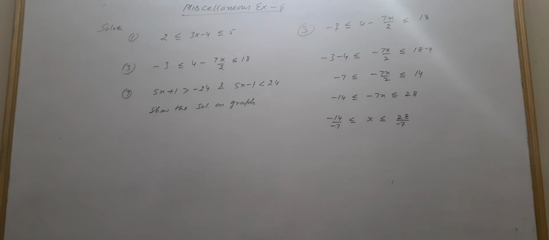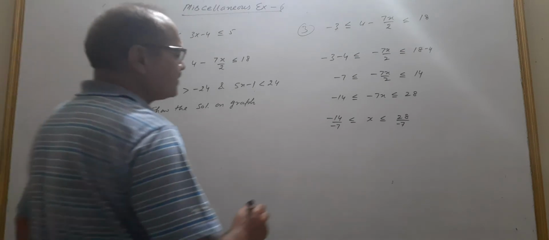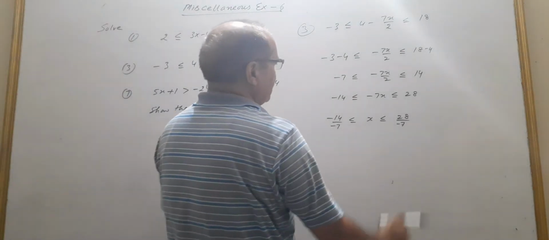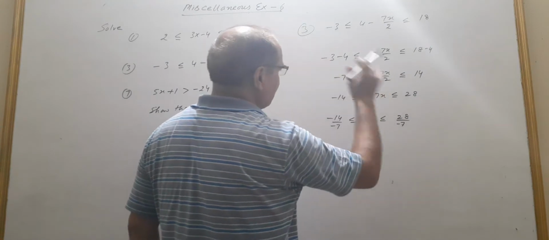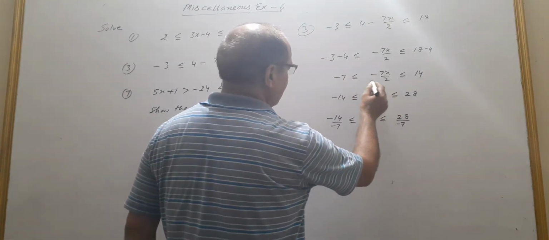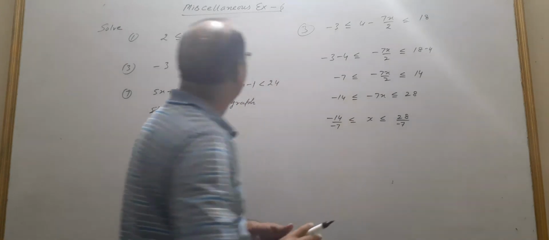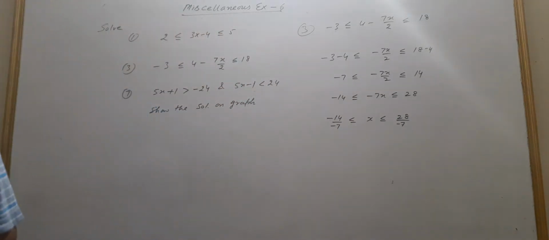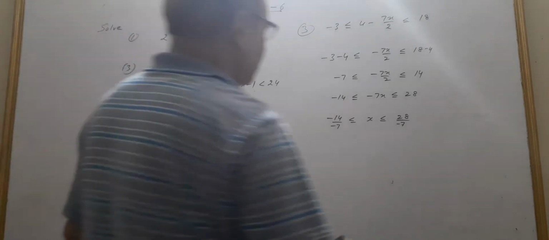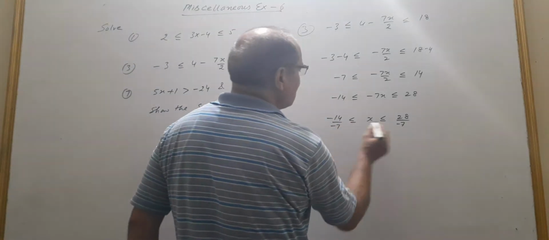So this can be written as, multiplying by 2, that is minus 2 multiplying by 2. Now the sign of inequality changes position.